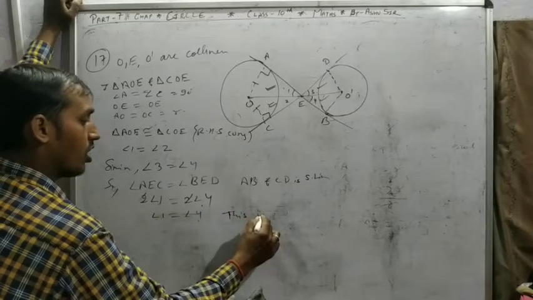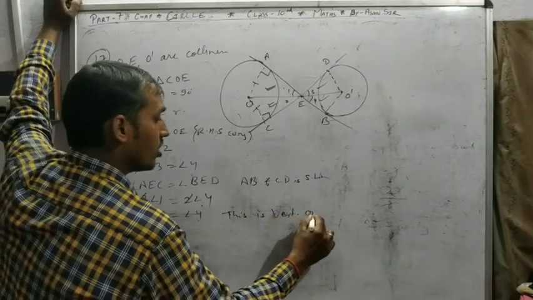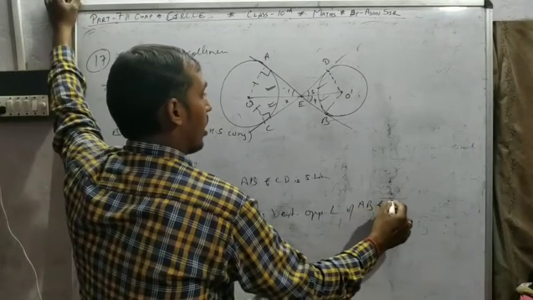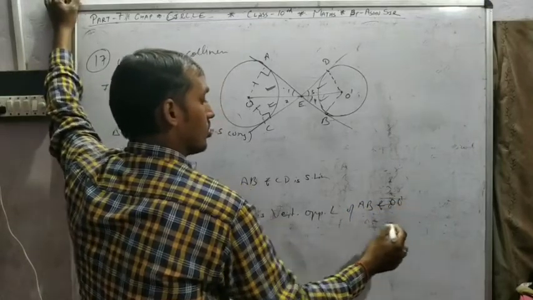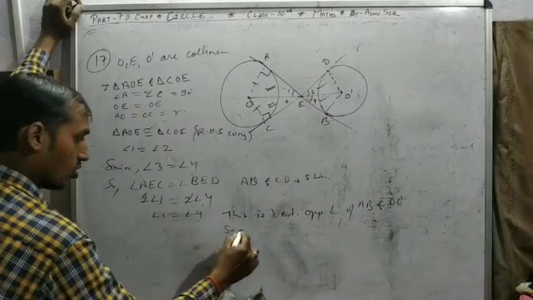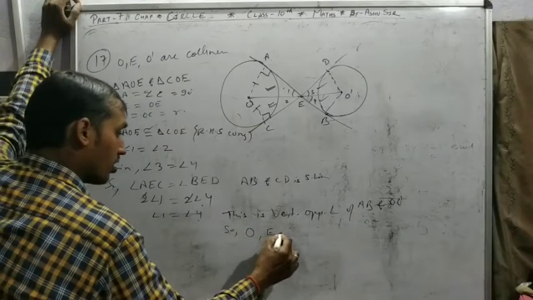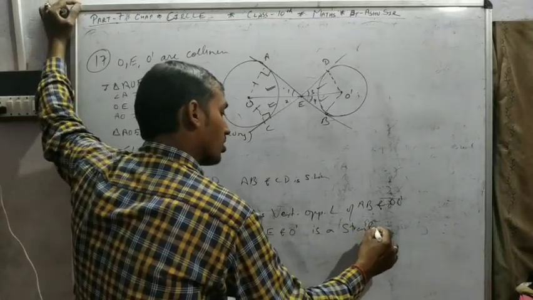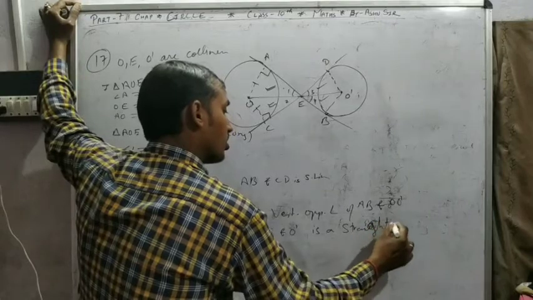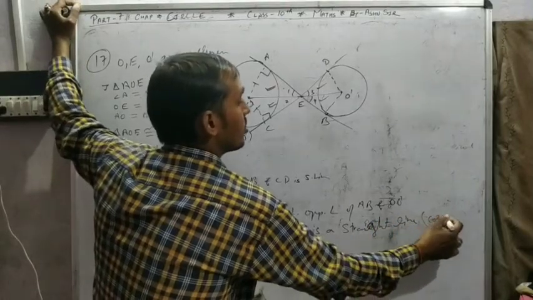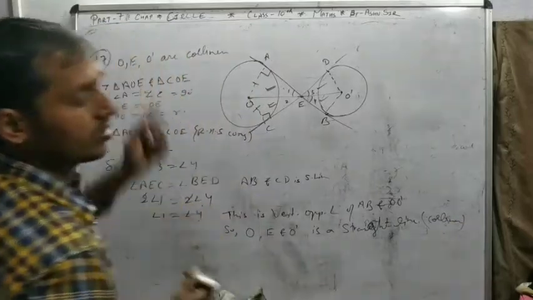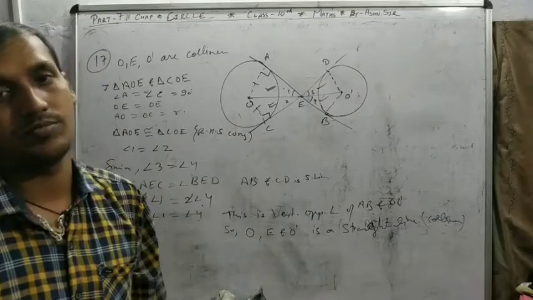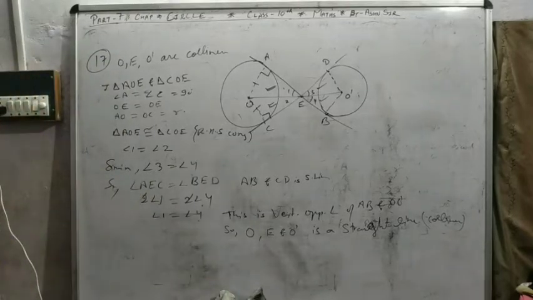This is vertically opposite angle of AB and OO dash. So OE O dash is a straight line, that means collinear. Because vertically opposite angles are equal, that means the straight line. Okay, so pause the video, note down.